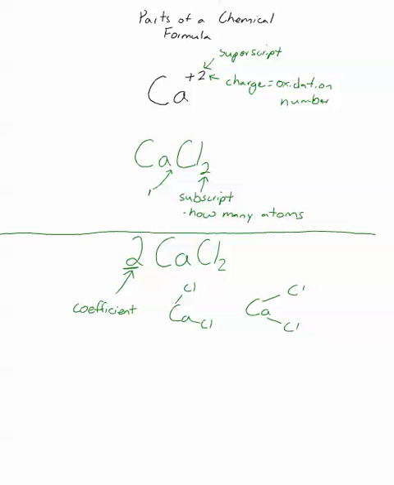Okay? So now in reality, how many calcium atoms do I actually have? Well, because of that coefficient in front, I take this imaginary 1 right here and I multiply it by the 2, and that gives me 2 calcium. And how many chlorines do I have? Well, it's 2 times the 2 over here, which means that I actually have a total of 4 chlorine.